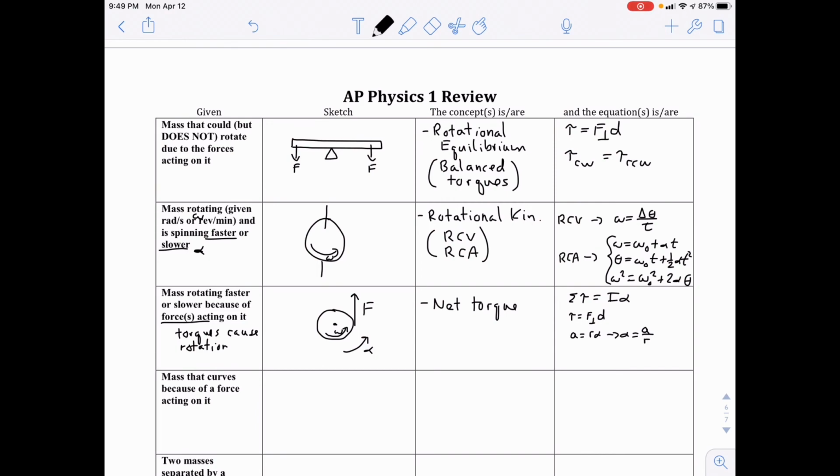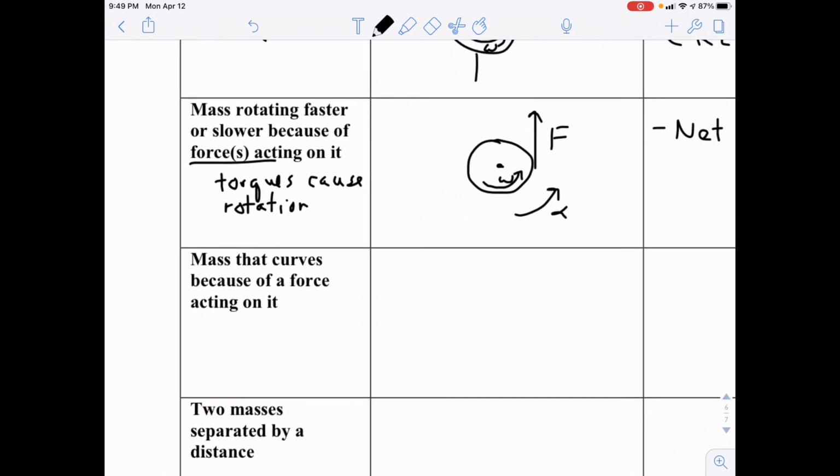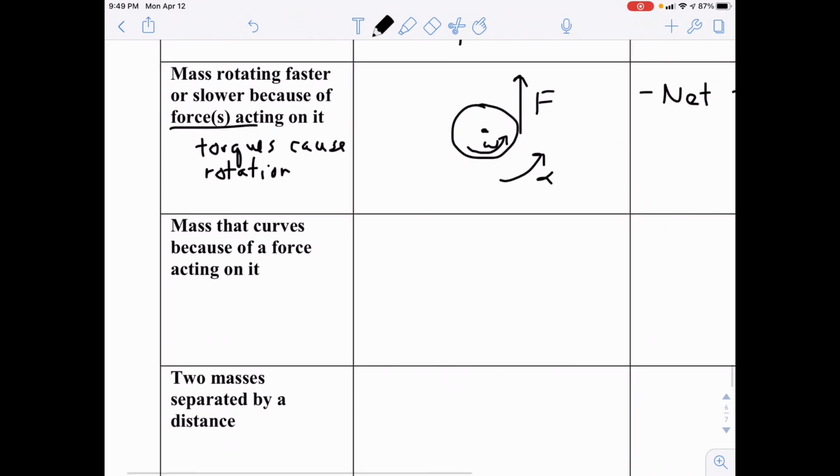Well, now let's say we have a mass that is curving because of forces acting on it. Say we have a mass that would be very comfortable going this way, but instead a force is acting on it this way, perpendicular to its motion.